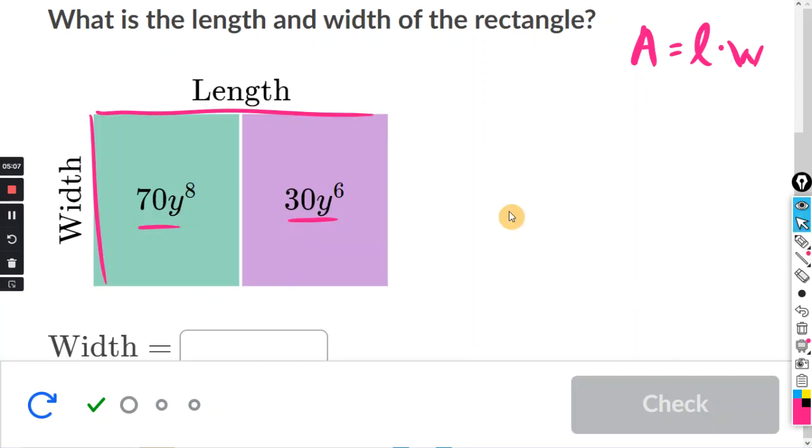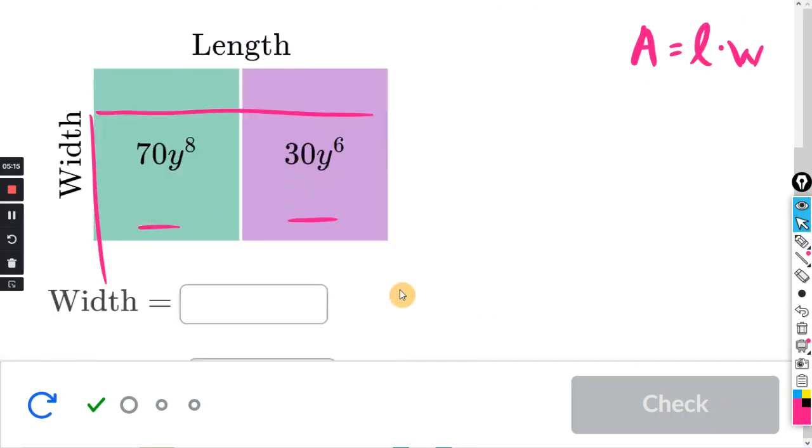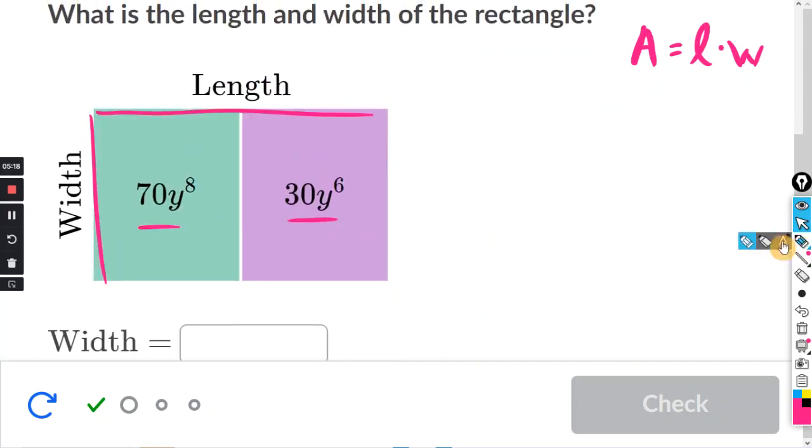Now they said the width is the greatest common factor of these two terms, which represent the area. So we need to find the greatest common factor between 70 and 30. Most of you can see it already, but I'll write them out anyway.